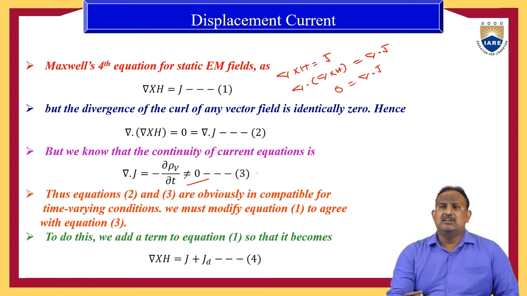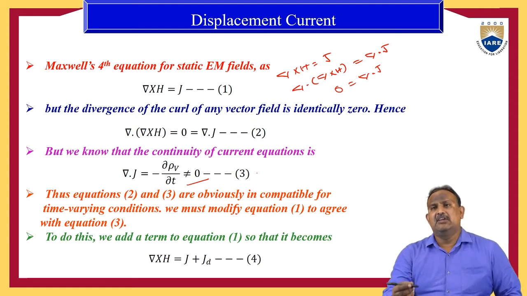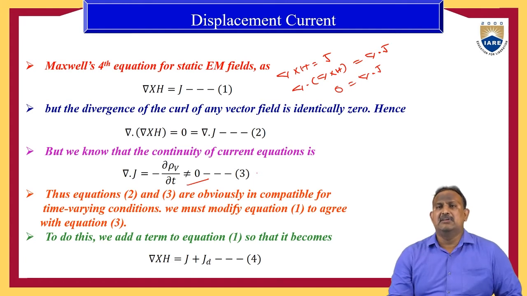So from equations 2 and 3, in equation 2 del dot J equals 0, whereas in equation 3 del dot J is not equal to 0. These are two contradictory statements, and because of this we have an inconsistency in Ampere's law.